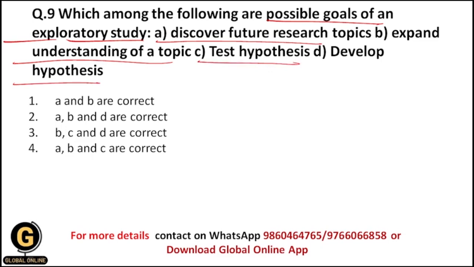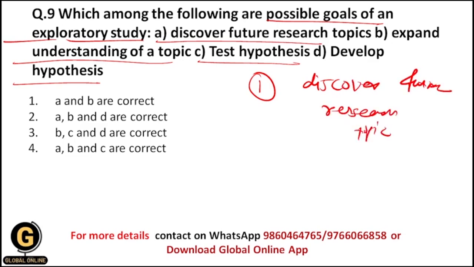Students, until now you have understood what exactly an exploratory study is. The first possible goal is that we discover future research topics, because we don't have much information about them, so within the exploratory study we collect preliminary data so that we can discover future research feasibility and topics.